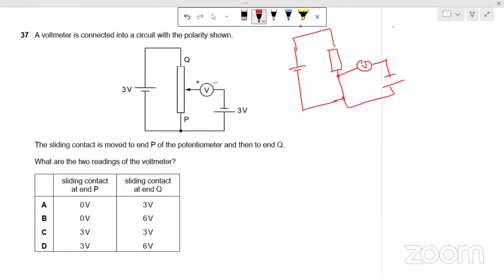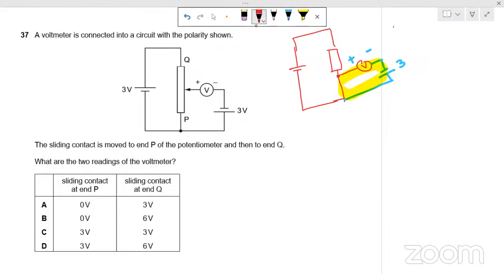This is the positive of the voltmeter, that is negative. So what is the reading on the voltmeter? How can we find this? We will use Kirchhoff's second law to find the voltage across this voltmeter in this loop.